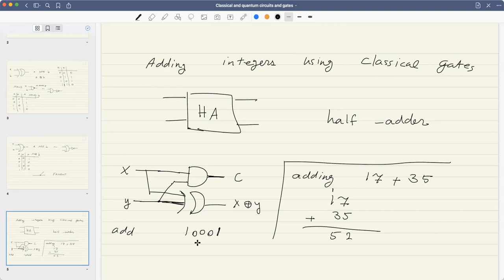So that's 17. What is 35? So I have a 32 in there, and then I have a 3. So 32 is going to be a 1 after 16, and then 16 and 8 and 4 are 0, and then 3 is 1 and 2. So that's 35 base 2.